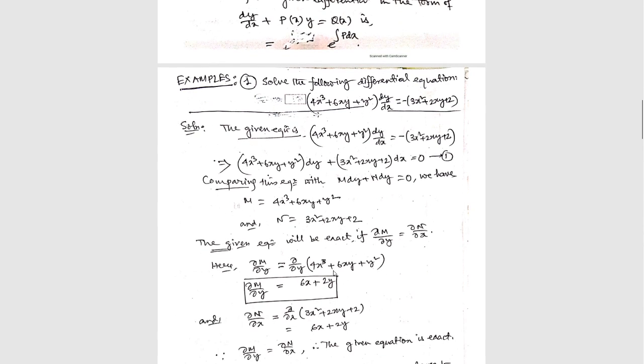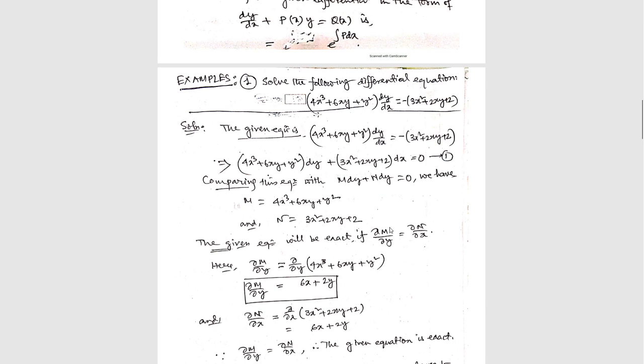So from here you can easily understand that M is 3x square plus 2xy plus 2.